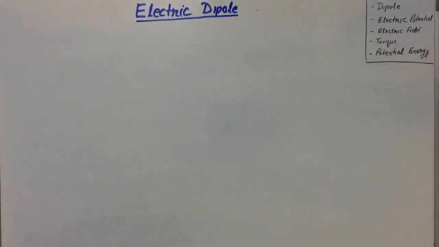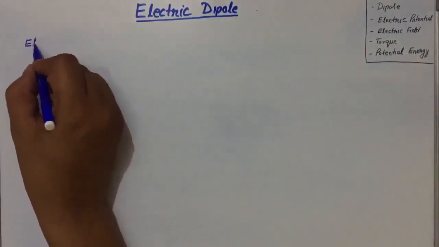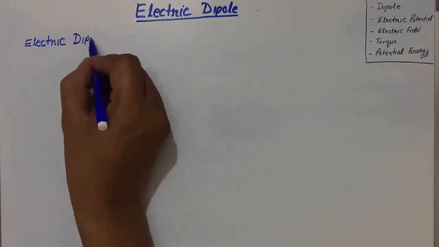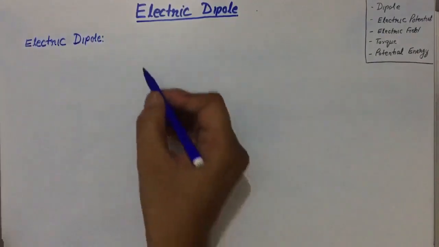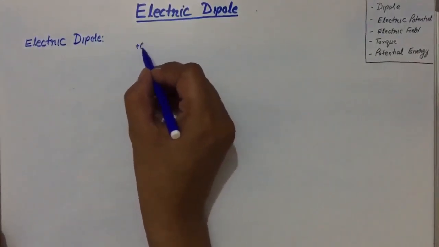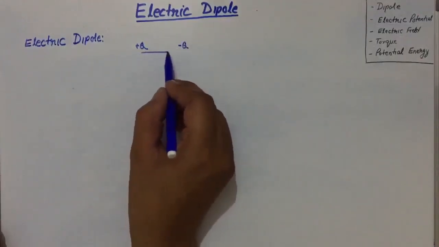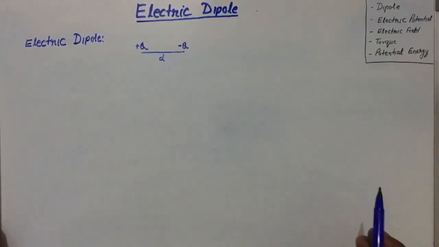So let us start with the electric dipole, the definition of it. If we recall, in grade 12 we have studied that equal and opposite charges separated by a small distance is termed as an electric dipole.